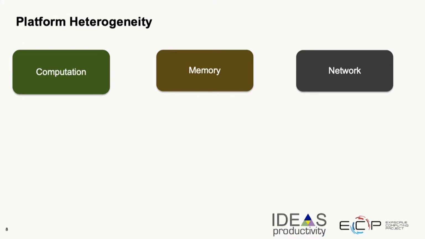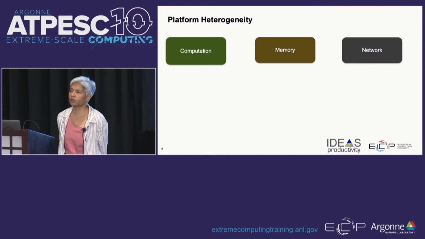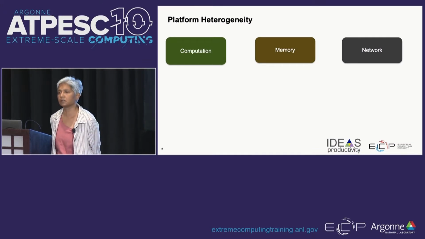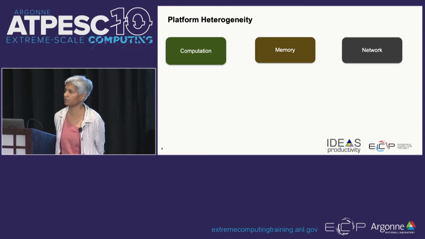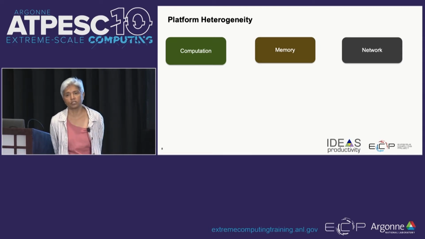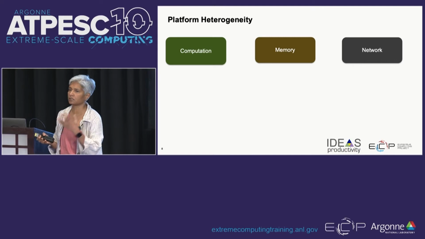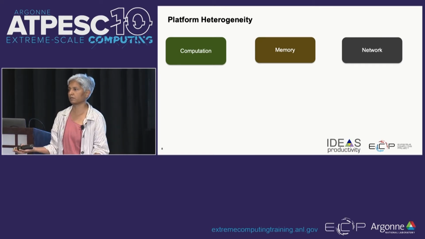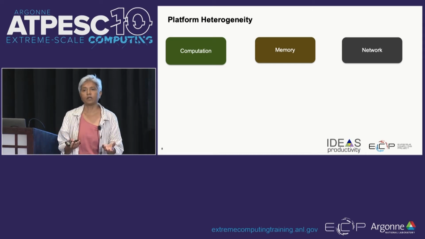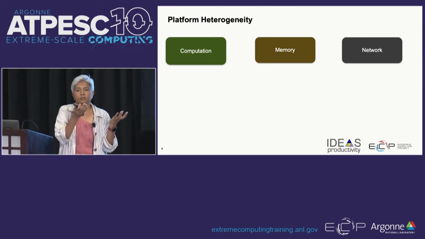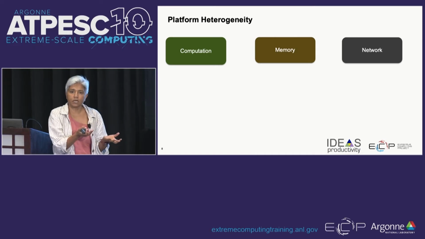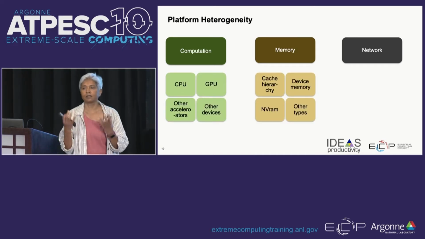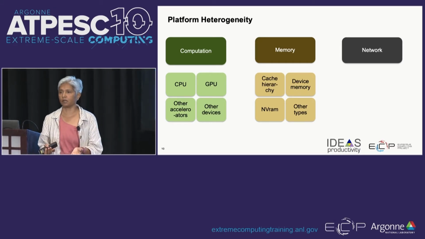So, to take a look at the kind of heterogeneity we are talking about, we have three axes of heterogeneity that we are dealing with. One of them is computation, in the sense that your computation devices could be CPU, GPU, some other kind of accelerator, FPGA, who knows what comes in future, right? Memory is the simplest to think about. In the CPU you have cache hierarchy.